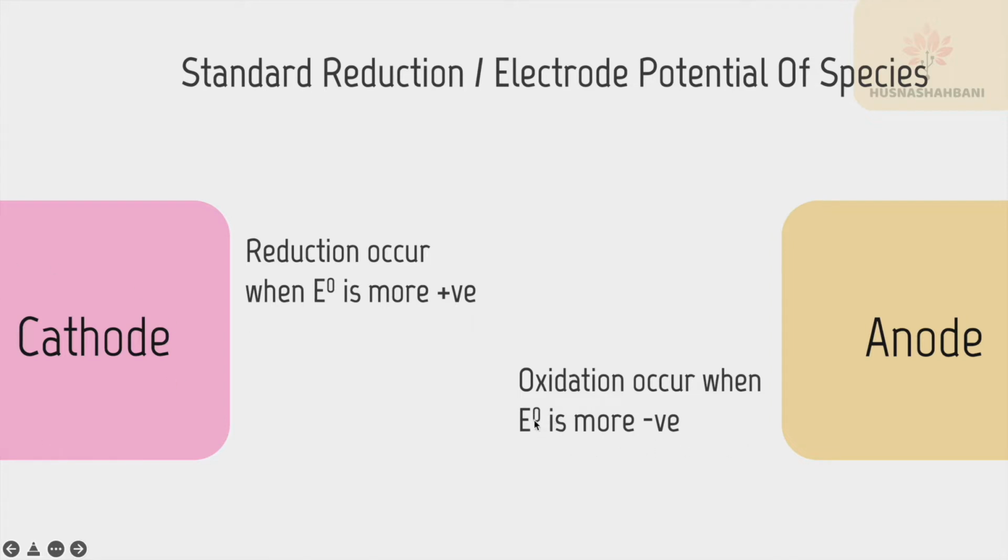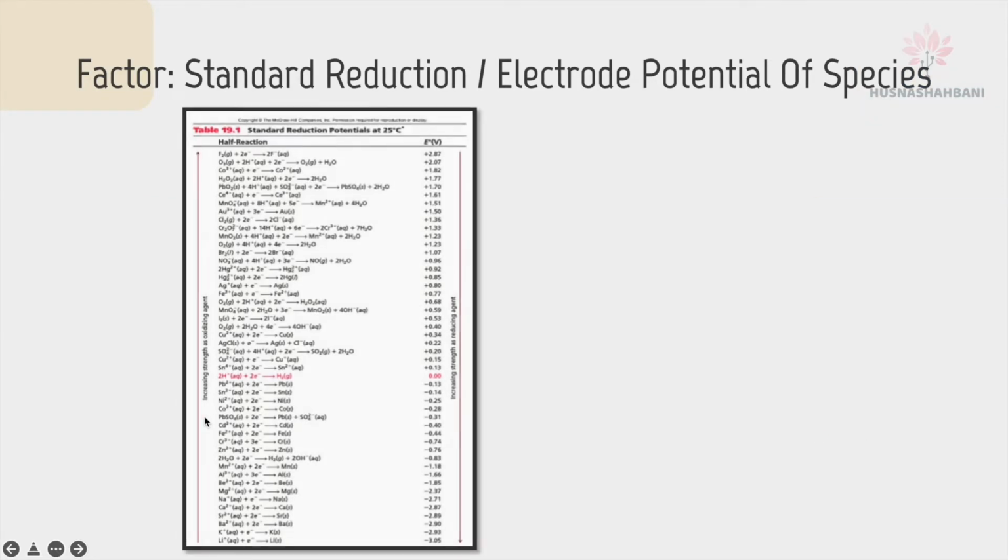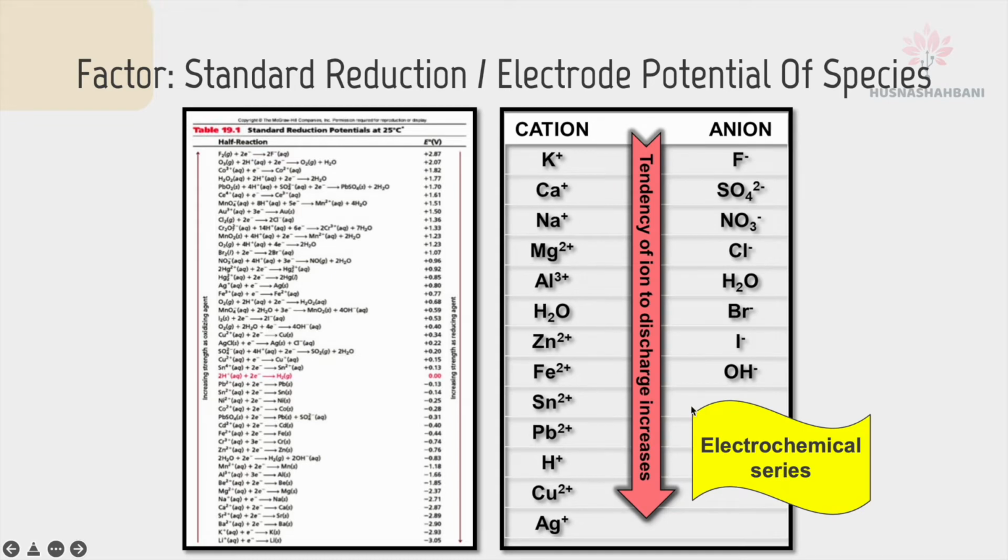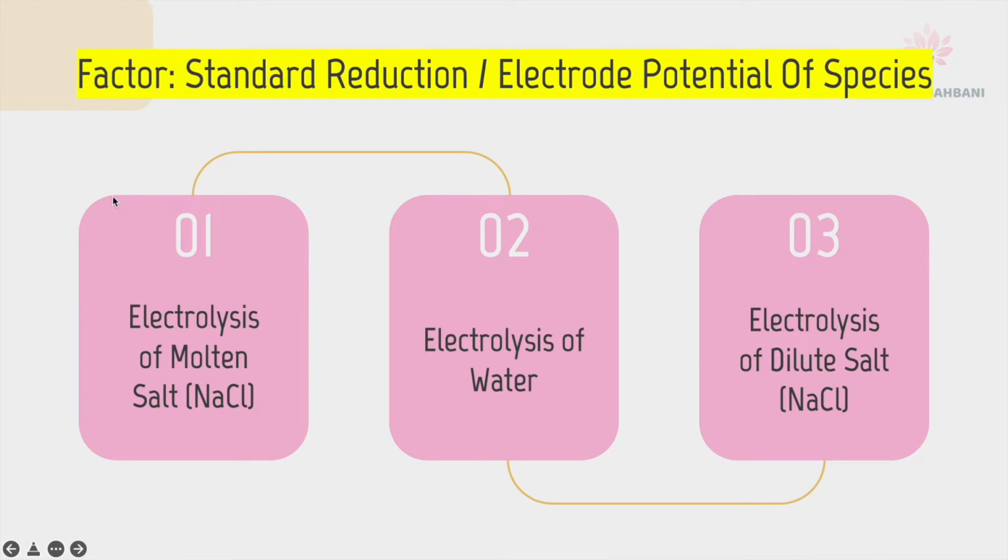And if the E0 value in the standard reduction potential table is more negative, oxidation will occur at the anode. This is an example of a standard reduction potential table at 25 degrees Celsius. The more positive, reduction will occur; the more negative value, oxidation will occur. So this is the electrochemical series for ions.